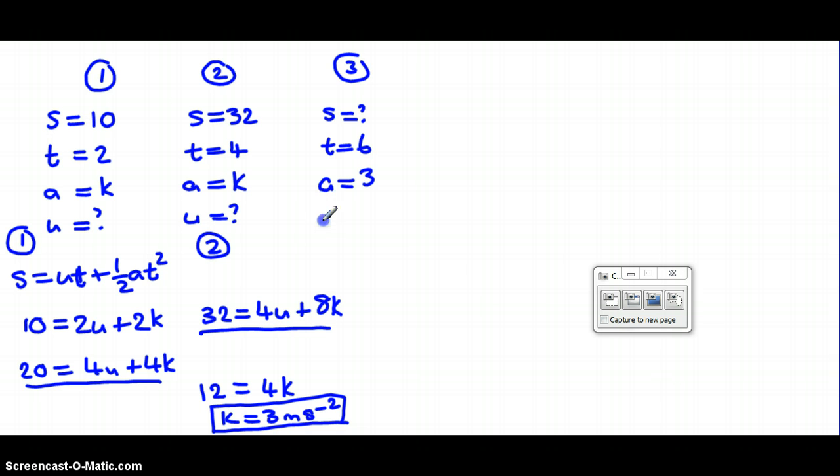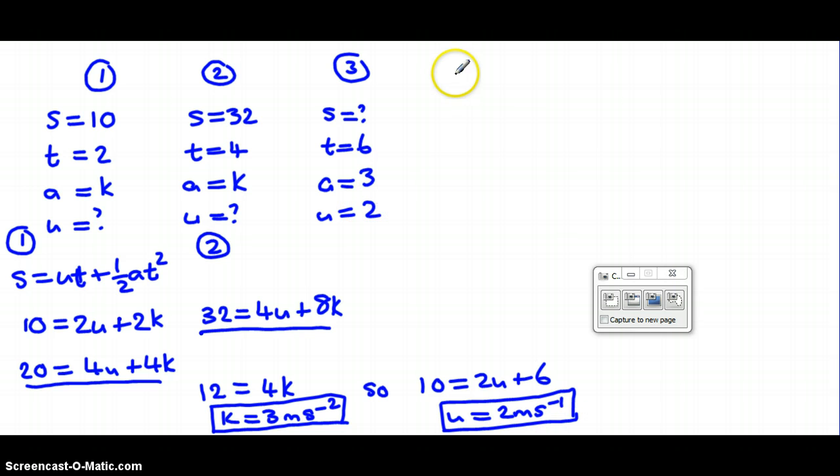Now it's also worth finding out what our initial speed at the beginning of the whole process was, and we can do that by plugging k back into our first equation. So we've got 10 equals 2u plus 6, which means that u must be 2 meters per second. And then for our final situation, we can find out the total distance travelled.